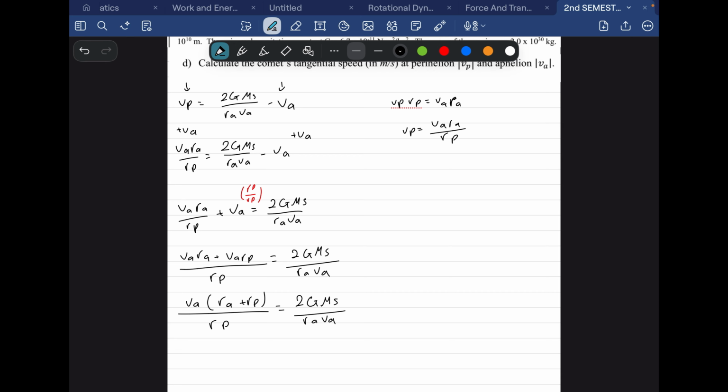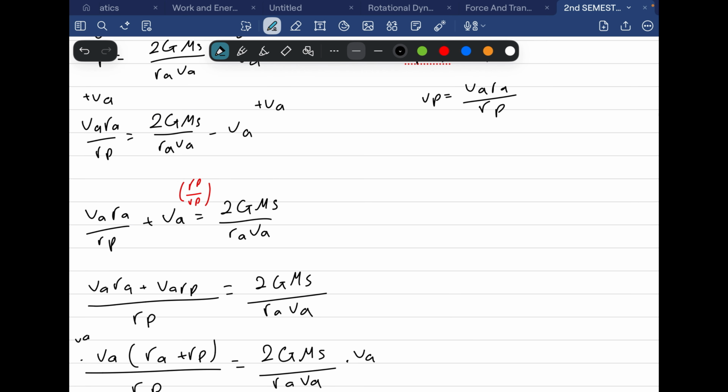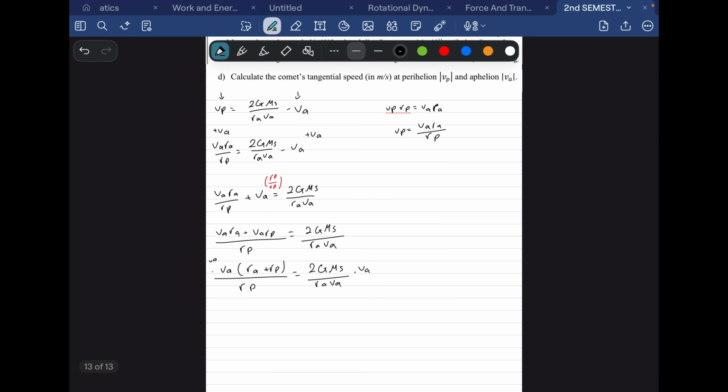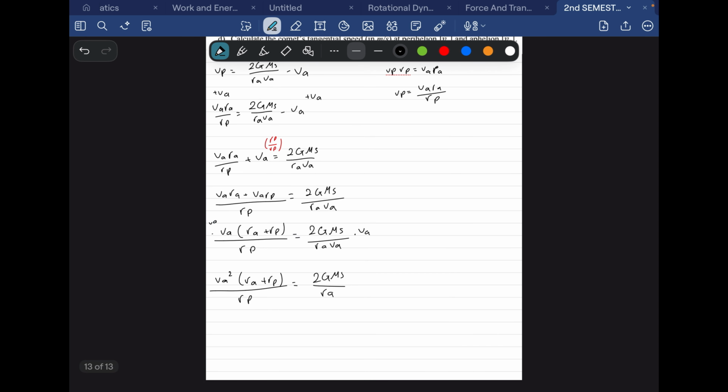Move the V apogee to one side, so multiply both sides by VA. Right. So I get VA square, then R apogee plus R perigee over R perigee is equal to 2G mass of the sun over RA. So I'll multiply both sides by R perigee and divide by R apogee plus R perigee. Right.